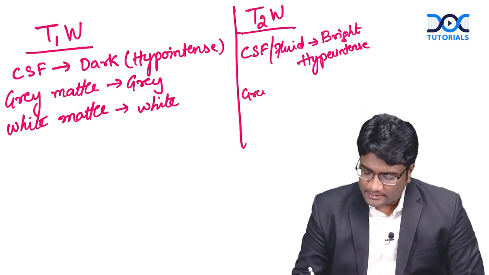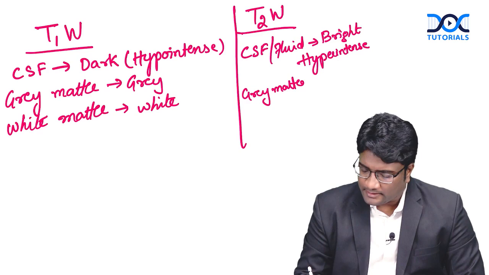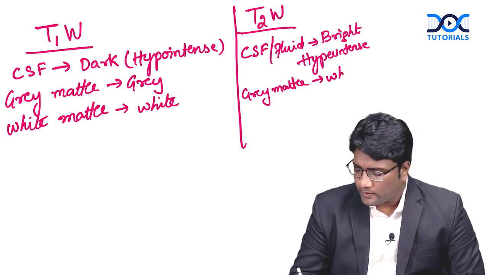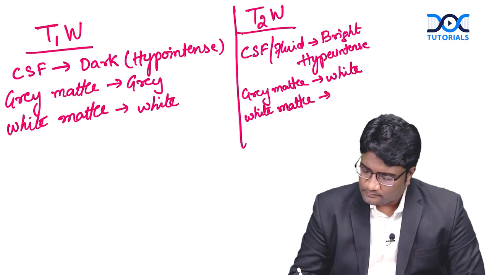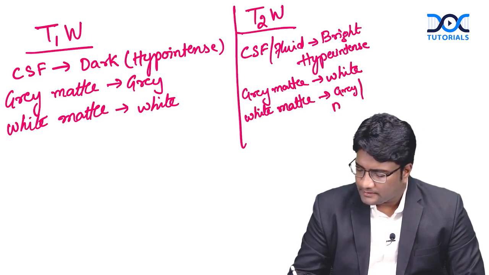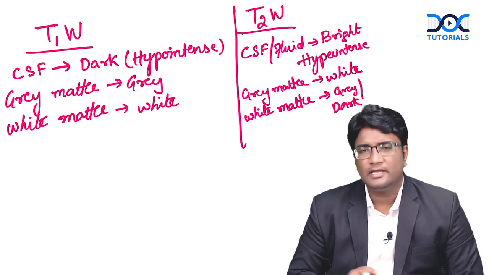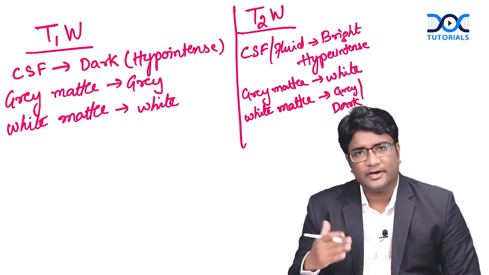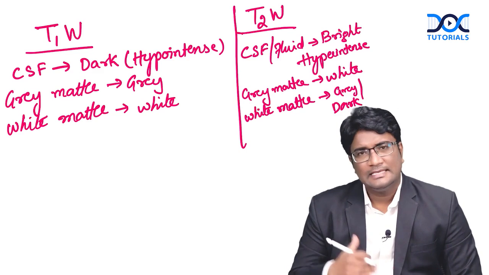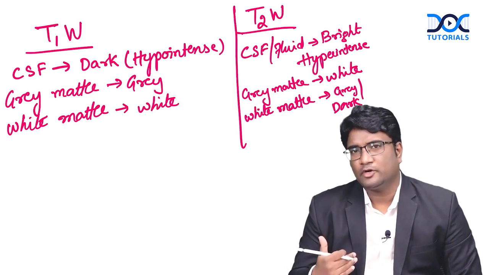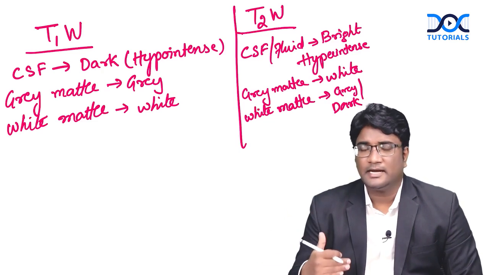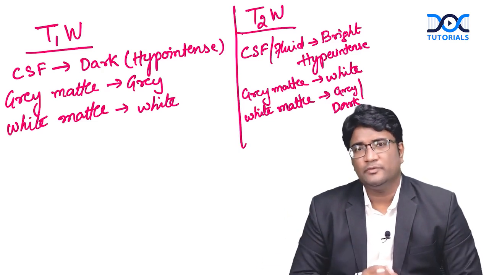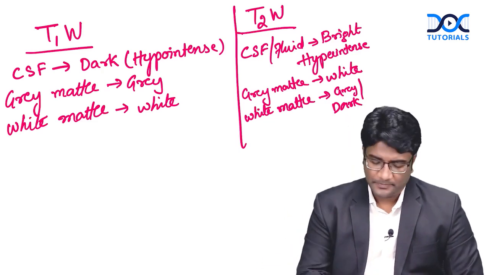And the gray matter appears whitish and the white matter appears dark or gray in case of T2 weighted imaging. That means right opposite of what T1 was. So on T1, gray matter was gray, white matter was white. On T2, gray matter is white and white matter is dark. This is how we differentiate T1 and T2 weighted imaging.